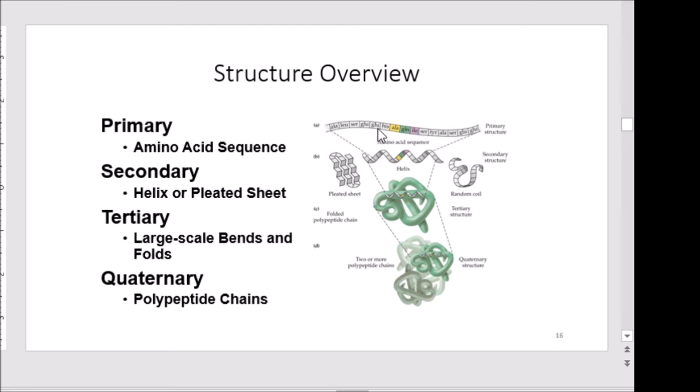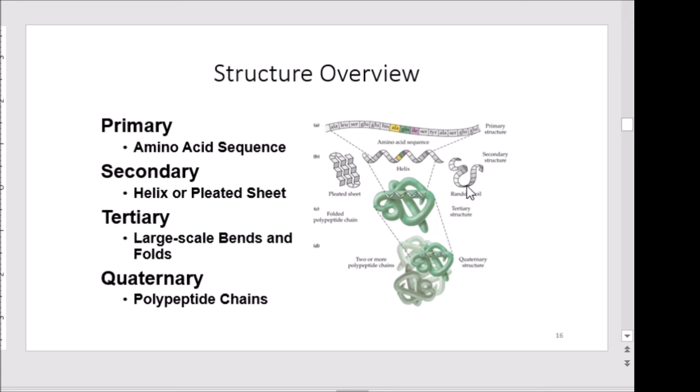All right, so primary is going to be just the order of the amino acids that we were just doing. And so that's the primary structure of our protein. And then secondary will be how it twists, how it folds. And so it'll either be a helix or it'll be a pleated sheet.